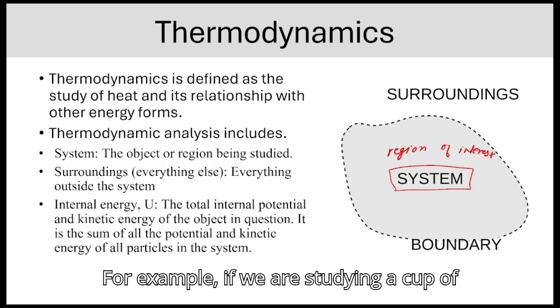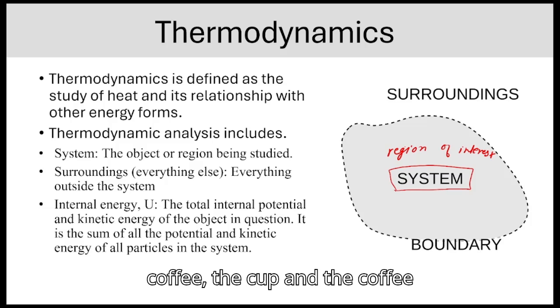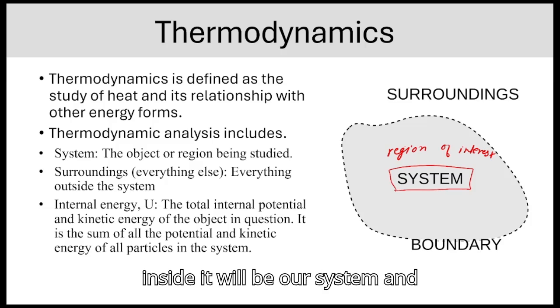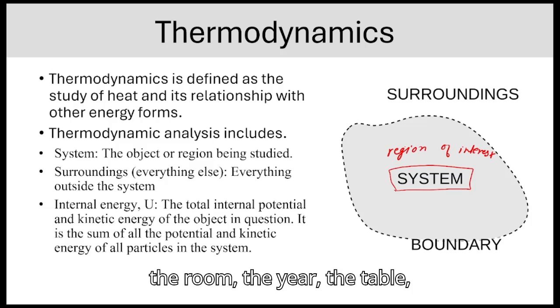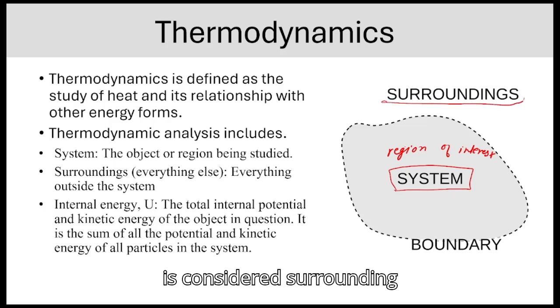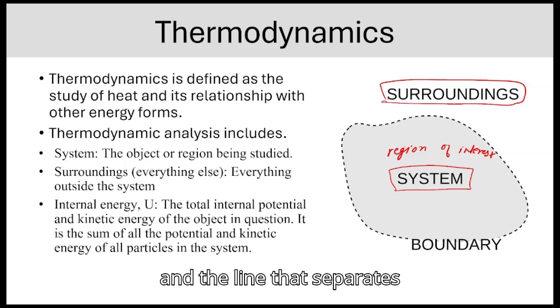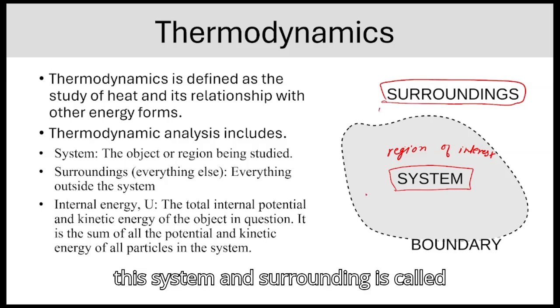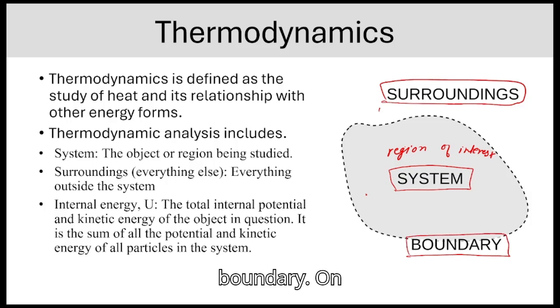For example, if we are studying a cup of coffee, the cup and the coffee inside it will be our system, and everything else in the universe, the room, the air, the table, is considered surrounding, and the line that separates the system and surrounding is called boundary.